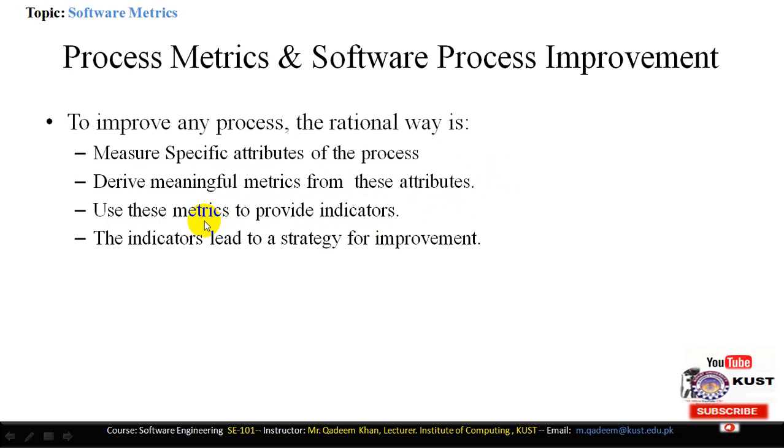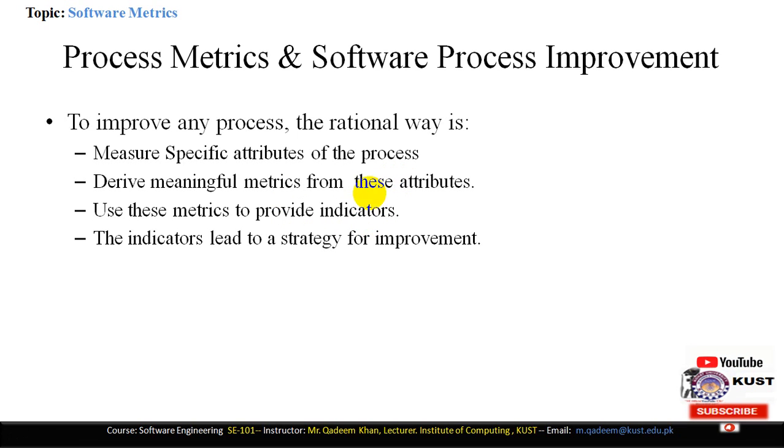And when we make the measurements using these metrics, it gives us indicators of whether we are going in the right direction and doing our business very well, or we are drifting towards failure.